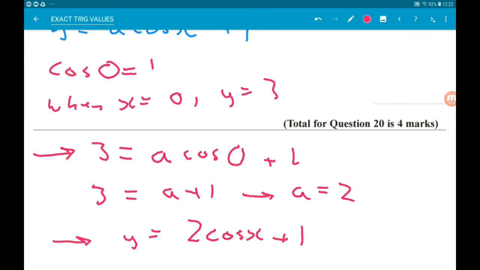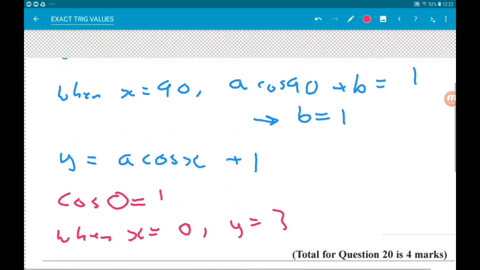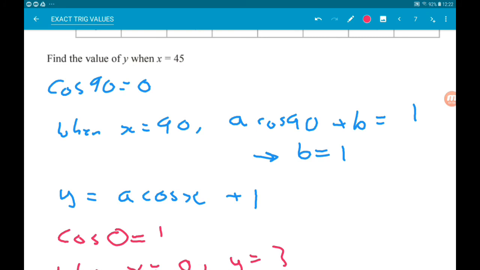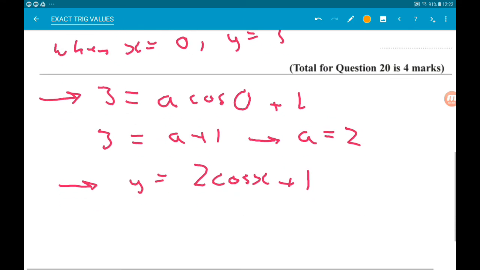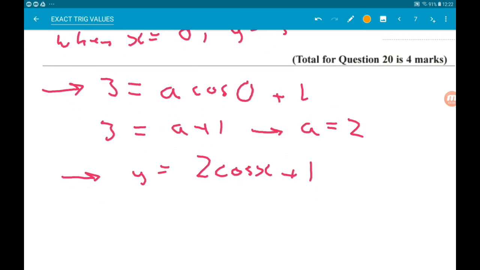Now, the question wanted us to find the value of y when x is 45. So, now we're going to need to know what cos of 45 is, which is root 2 over 2.